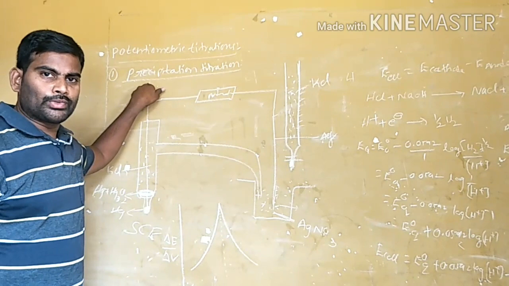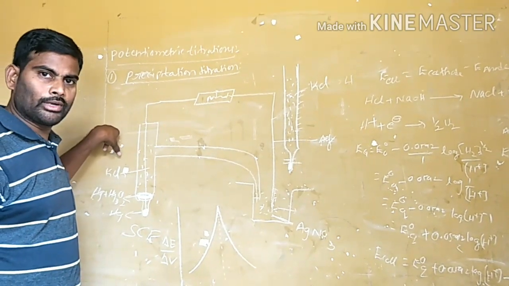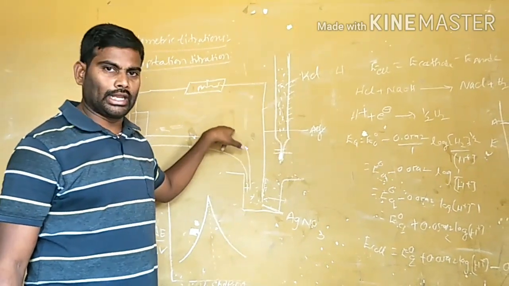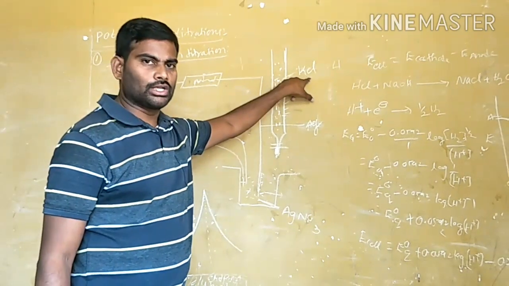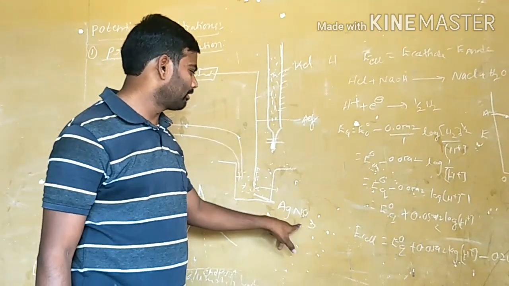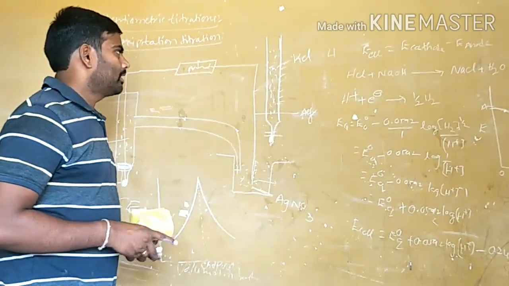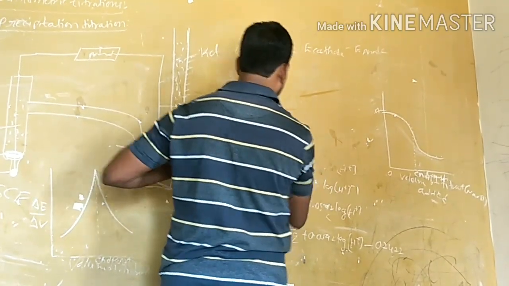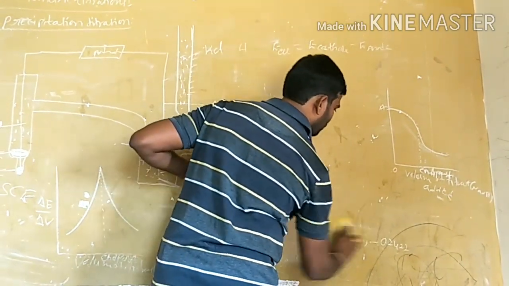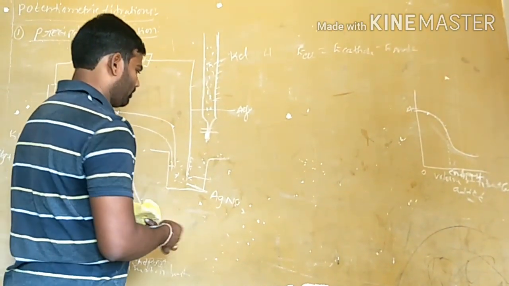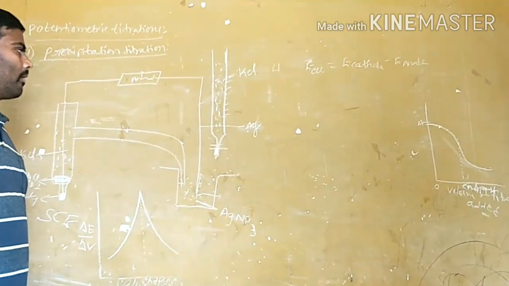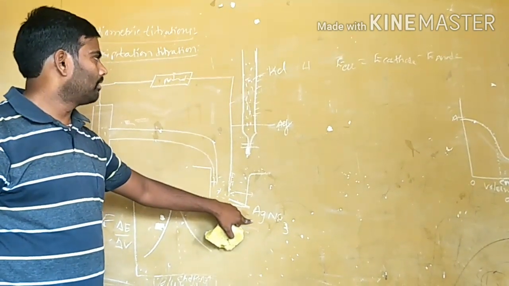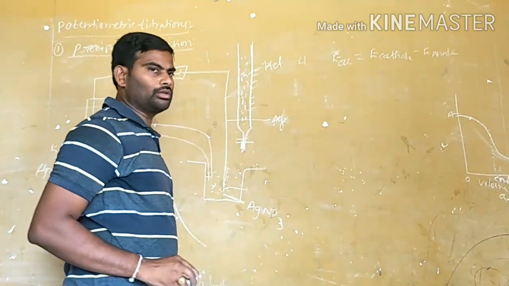In the case of precipitation titration, this is a reference electrode, the saturated calomel electrode, and the indicator electrode will be the silver electrode. In the burette we are filling KCl solution, and here this is silver nitrate solution. In the case of precipitation titrations, these Ag plus ions are treated with KCl solution.